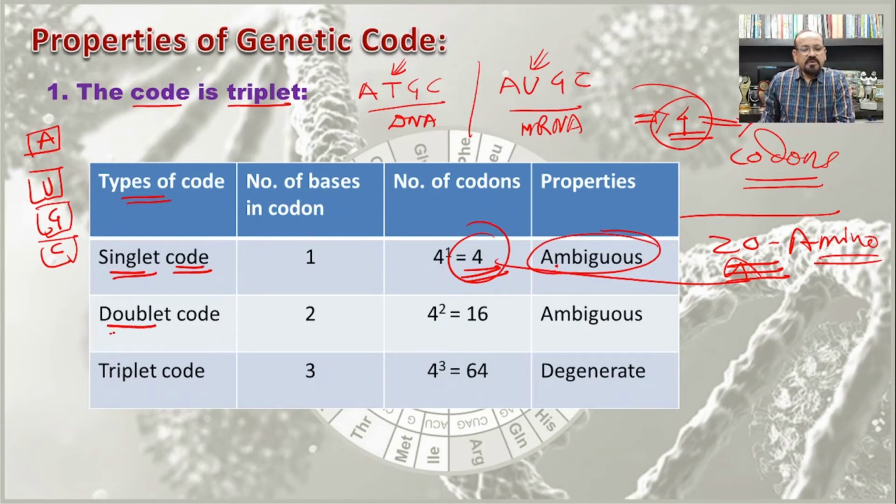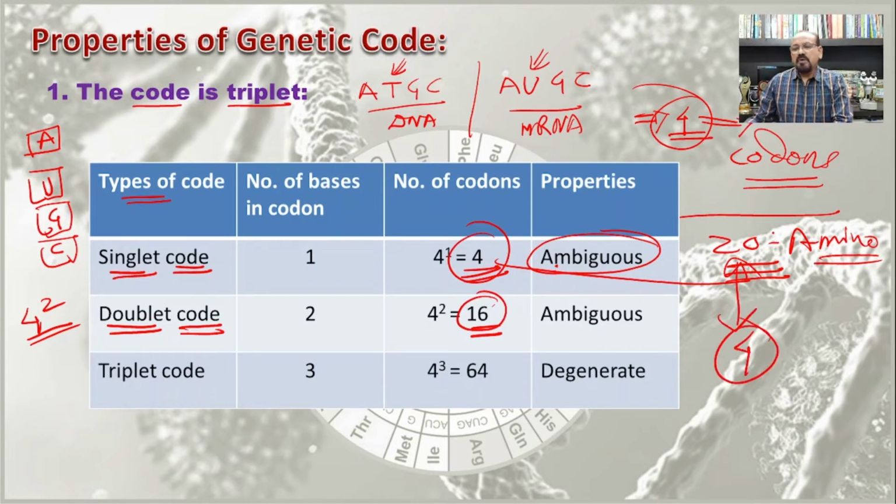Then if the codon is made up of 2 nitrogen bases, so 4 to the power 2, there will be formation of 16 codons. With these 16 codons, 4 amino acids will be left out, because out of 20 amino acids only 16 will be specified by these 16 codons.